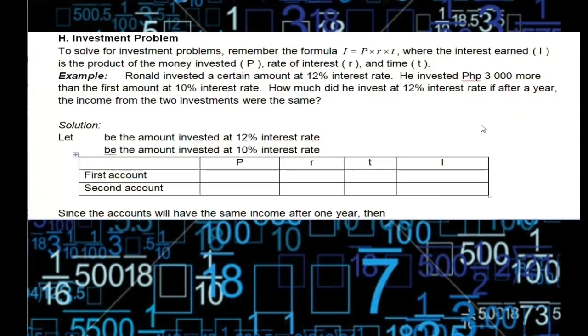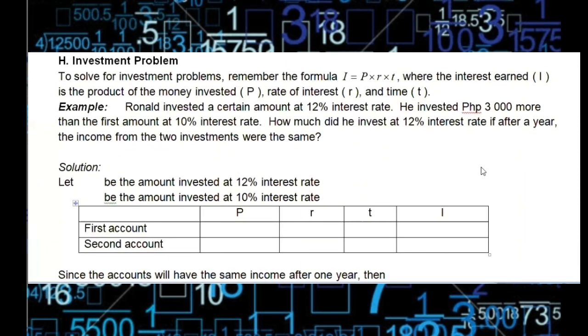Next problem. Investment problem. To solve investment problems, remember the formula. Interest is equal to principal times the rate times the time. The time is in terms of years always. So, when you want to convert the time into months, multiply by 12. Into days, multiply by 360 for ordinary interest. Example.